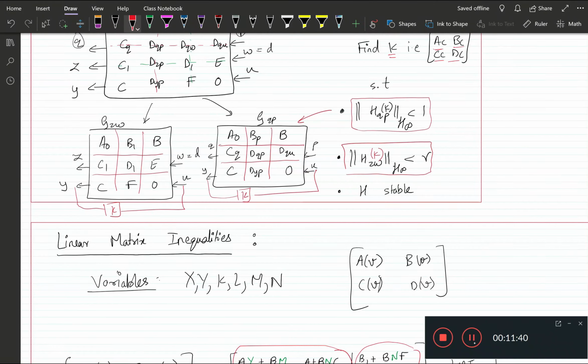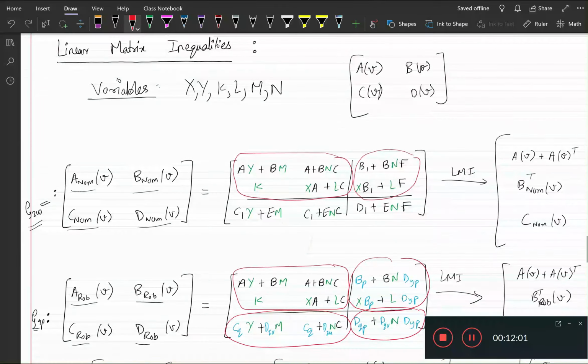So in the GW case, we have from W to Z, that's why we have C1 and D1 here, and for GQP we have the input P and output Q, so we have CQP, DQP, DQU here, and BP and DYP in the second column. So only those things change when we compare these two.